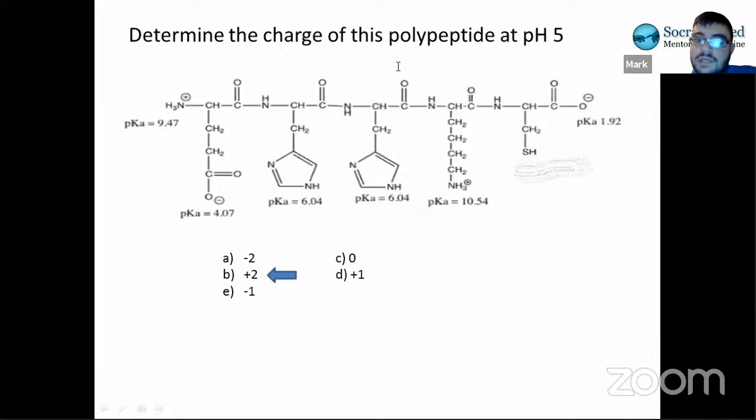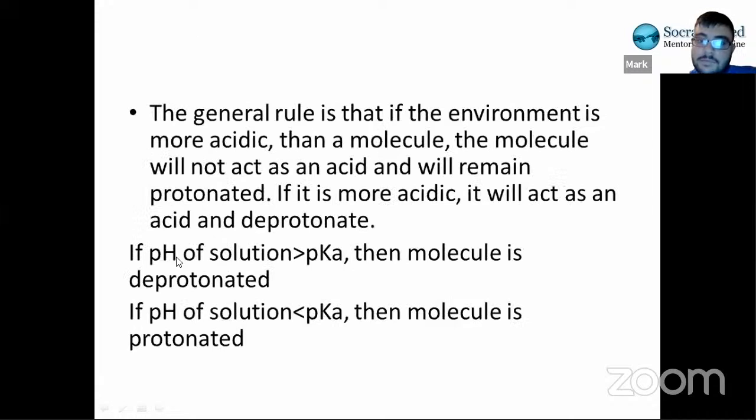Someone wrote in the chat: if pH is below pKa, then the molecule is protonated. Yes, exactly, that's what I wrote. If the pH is greater than the pKa, the molecule is deprotonated.